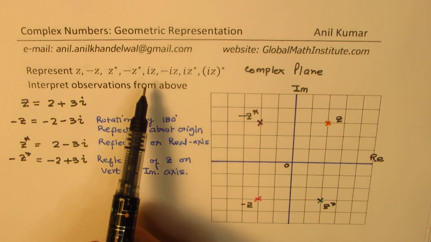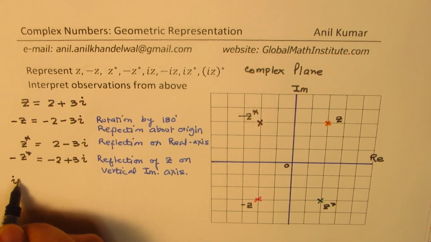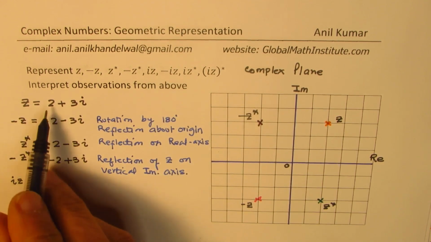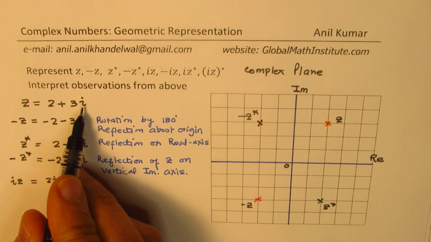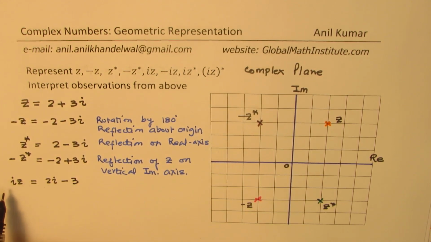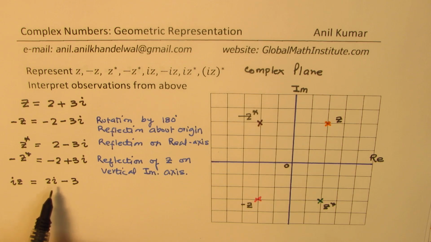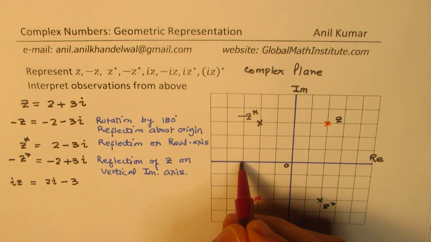Now let's look into the position of iz. Iz will be 2i, and you multiply by i square will be negative, so we get minus 3. So basically, iz is minus 3, 2i. So minus 3, 2i will be where? So we have 1, 2, 3, and then 2i means going up, right?